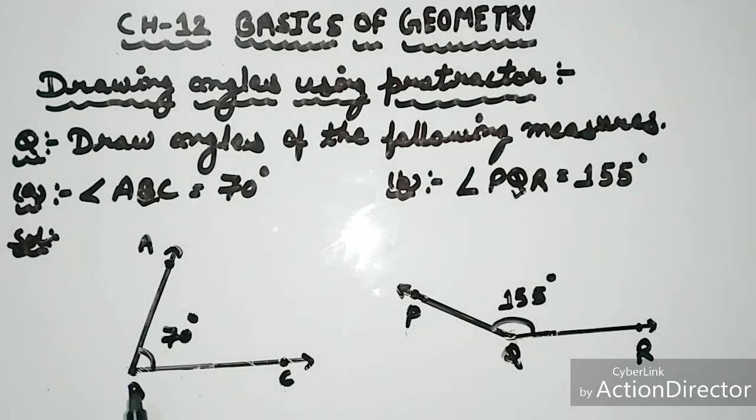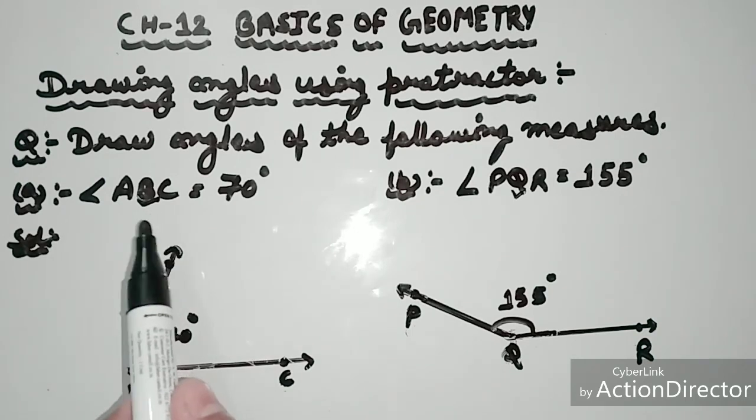These rays AB and BC are known as the arms of the angle, and the point where the two rays start is known as the vertex. The length of the sides in drawing an angle does not affect the measure of the angle.